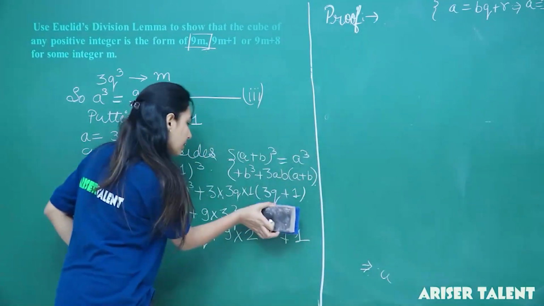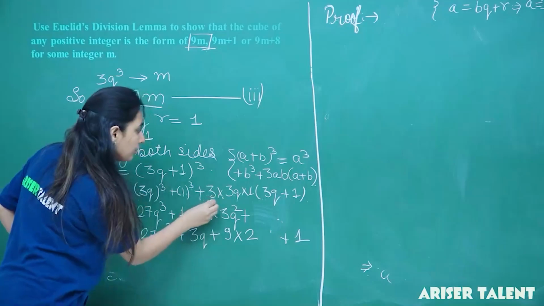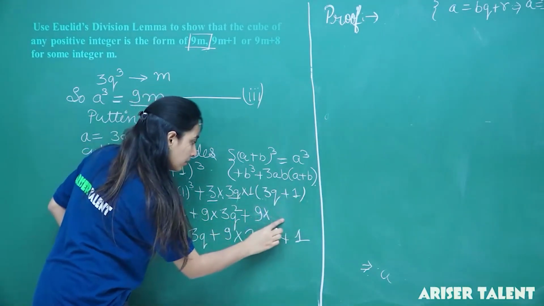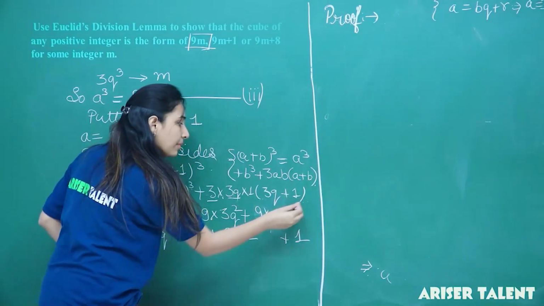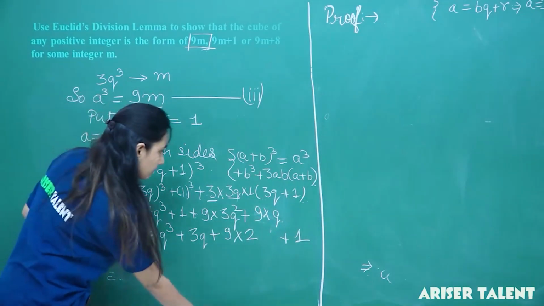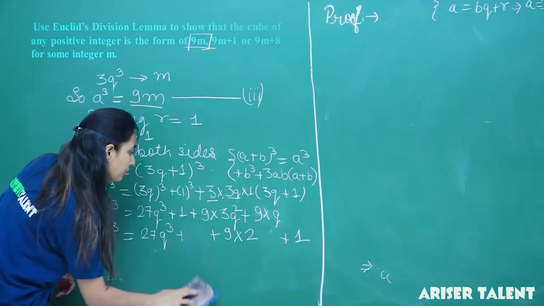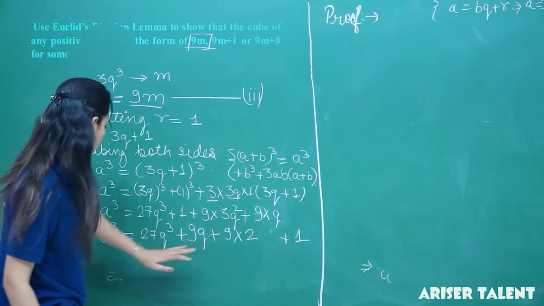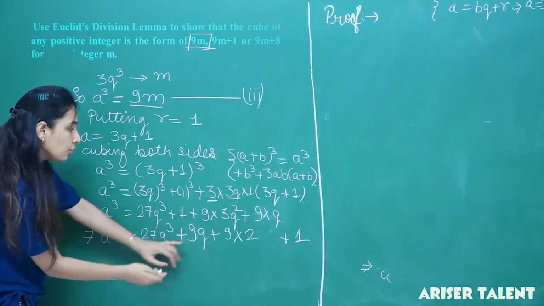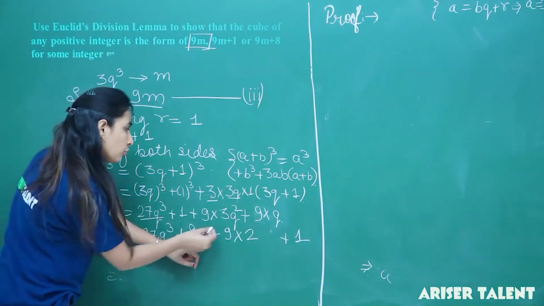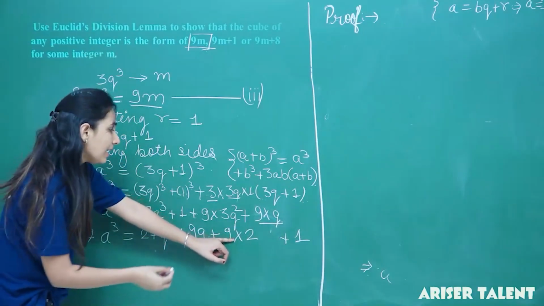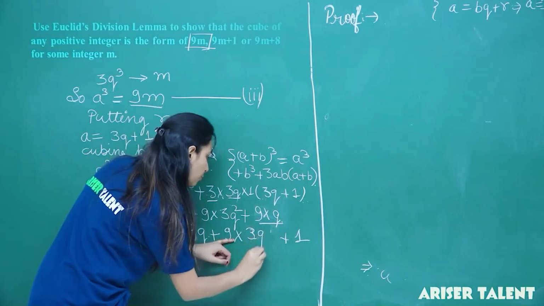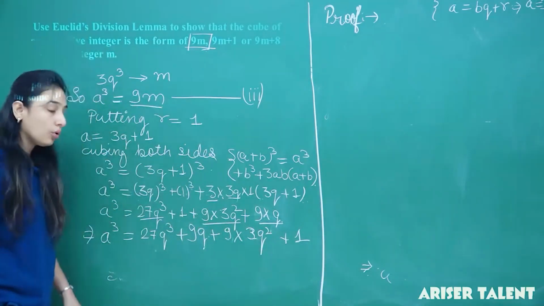It will be 9q. 3 multiplied by 3 is 9, and q multiplied by 1 is 9q. So here it will also become 9q. Okay. 27q cube, this term 9q, this term multiplied by 9, 3q square, this term.